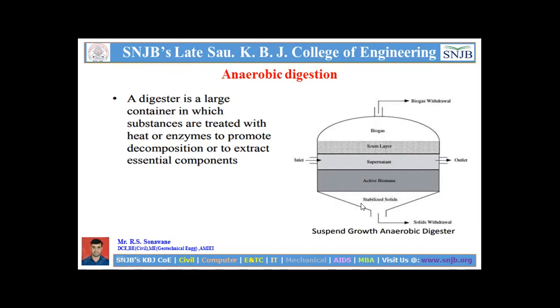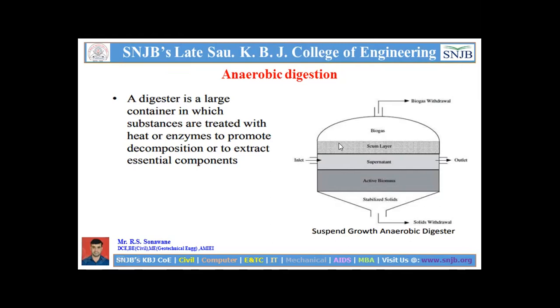You can see here a stabilized solid in the form of organic matter in that particular tank or assembly, which is treated with heat or enzyme. At that time, active biomass, supernatant, and a skim layer form. Once the decomposition of that organic matter occurs, the essential component, biogas, comes out in this direction.